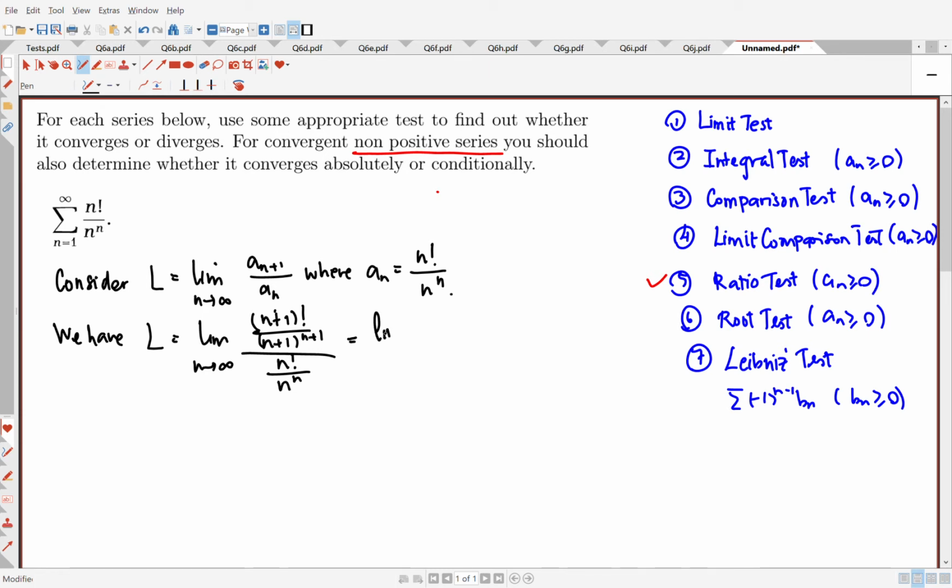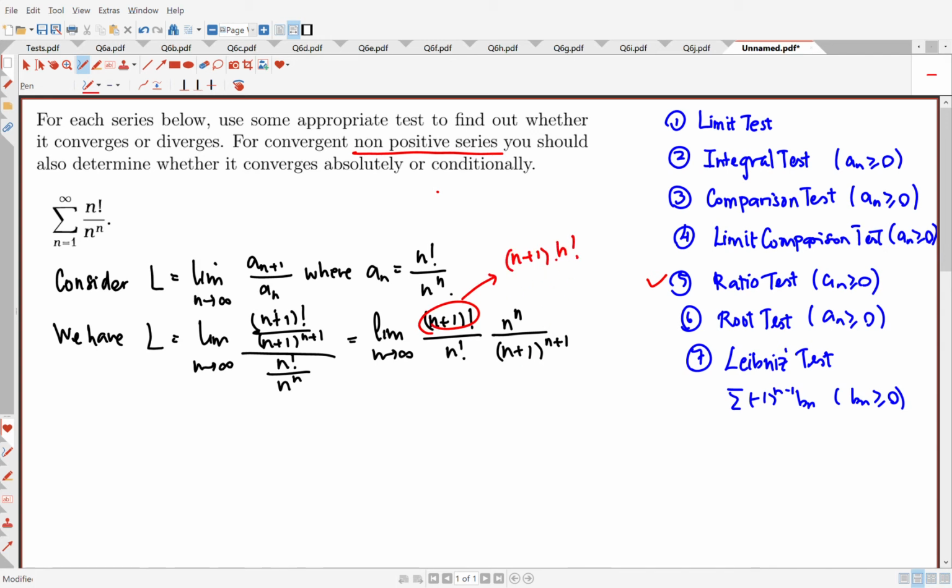and this is equal to the limit as n tends to infinity of (n plus 1) factorial divided by n factorial, times n power n divided by (n plus 1) power n plus 1. This (n plus 1) factorial is just n plus 1 times n factorial.